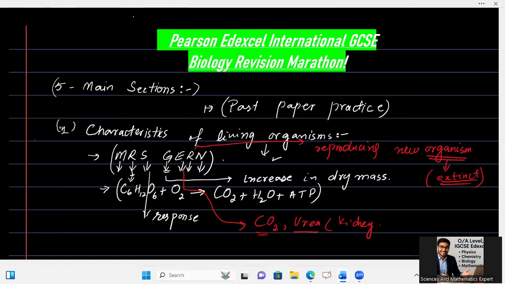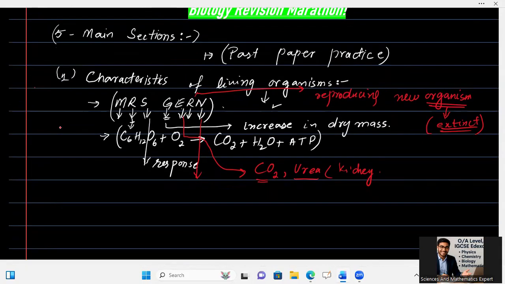In the last one, nutrition is taking in material for energy, growth, and development: carbohydrates, proteins, and fats taken into the body. Carbohydrates are required for energy.